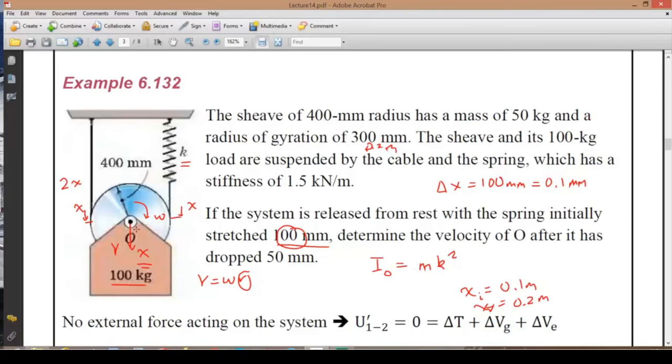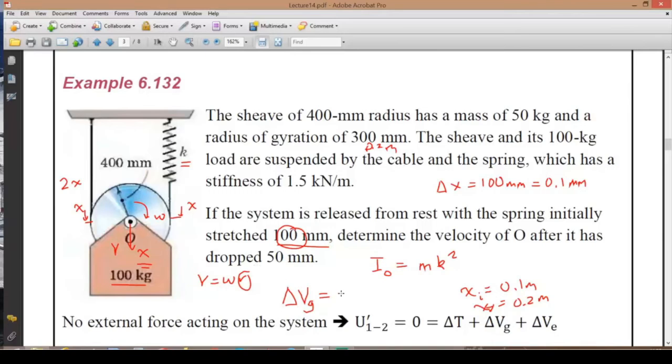In the final condition, this total mass of 100 plus 50 kilograms is lowered by 50 millimeters. As a result of that, we're going to have a change in the potential energy. The change in the potential energy will be a negative one because it's dropping. That potential energy will be stored in the spring, and also some of it will be stored as kinetic energy.